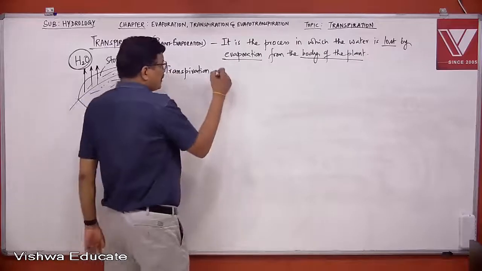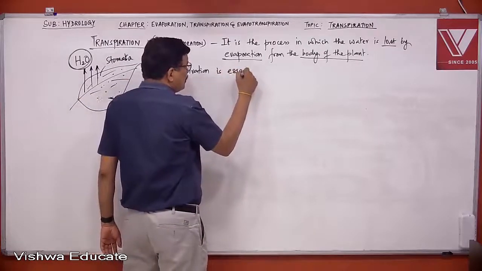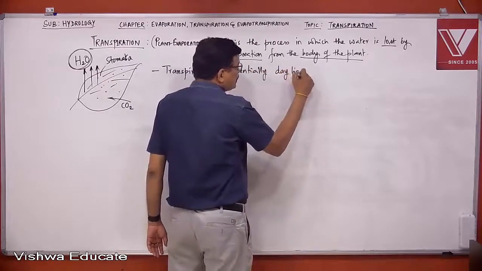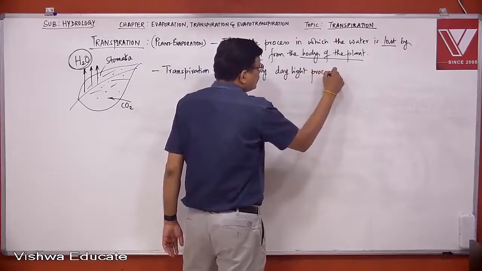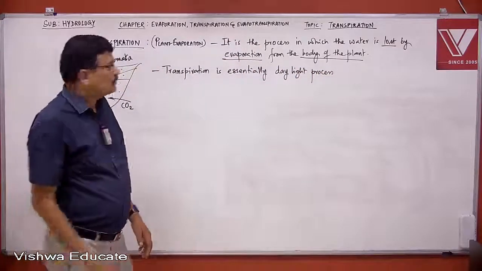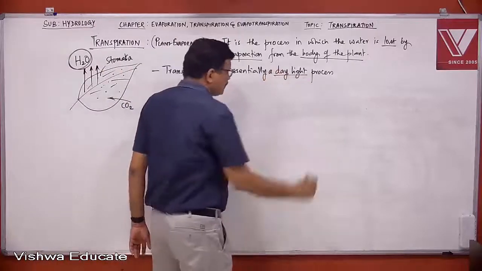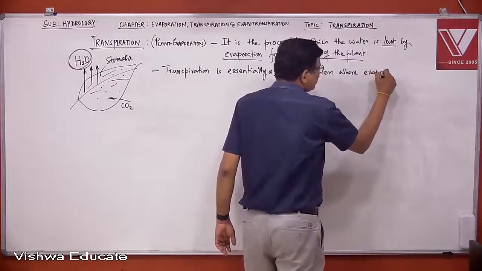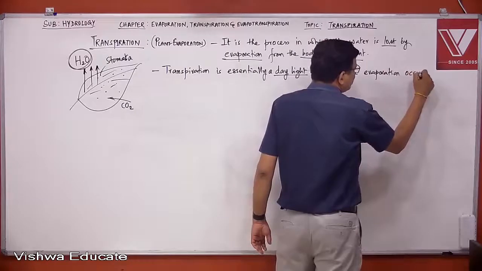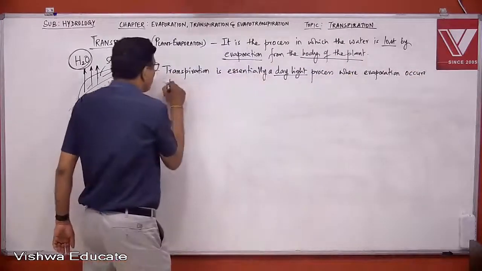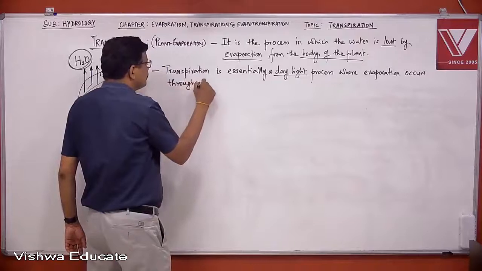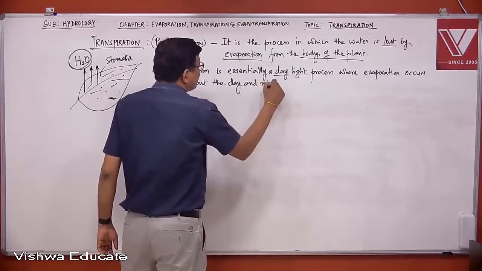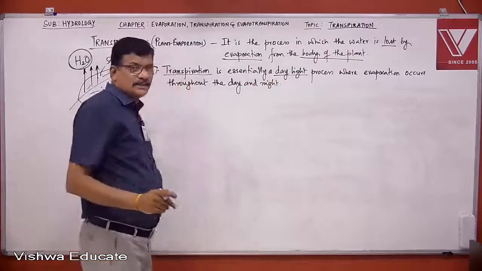So transpiration as such is essentially a daylight process that occurs in the day, whereas evaporation occurs throughout the day and night.